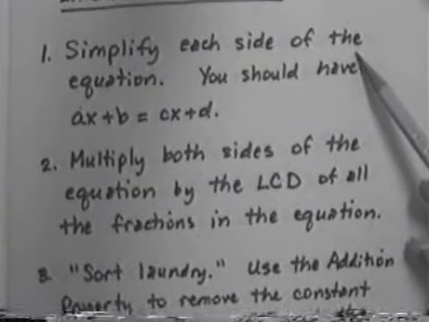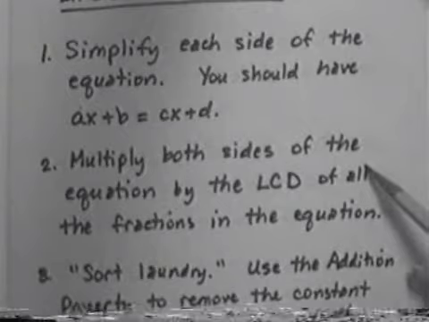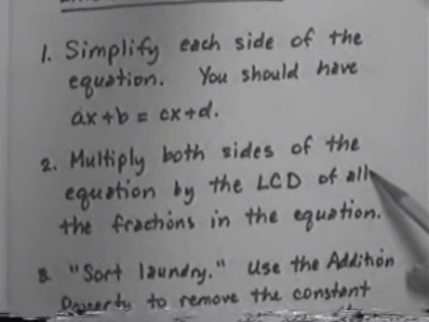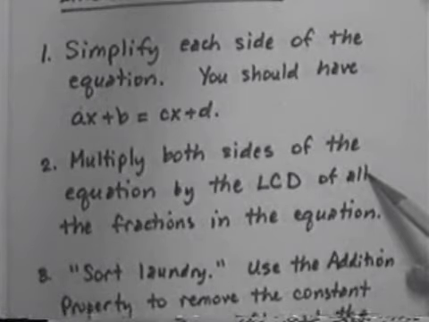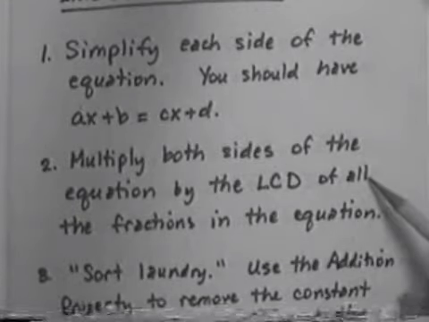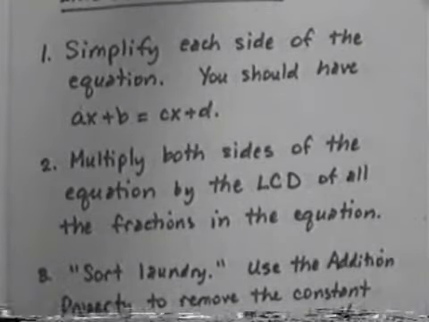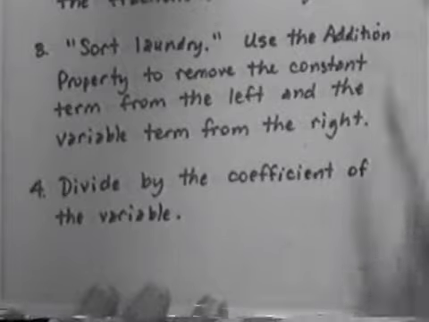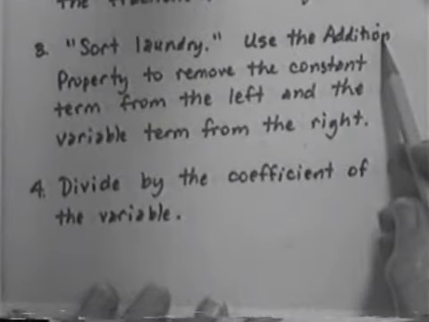Perhaps there's no simplifying needed, but you do have fractions, and you would begin with the fraction step, eliminating the fractions by multiplying by the least common denominator of all the fractions. Sometimes we don't need to simplify and we don't have fractions, and so we would begin with step 3. Step 3, the laundry sorting, uses the addition property.